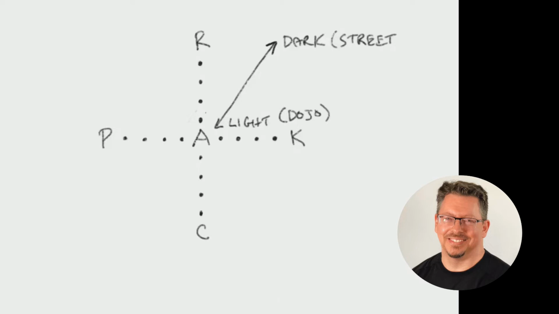This corresponds roughly to the way I sometimes talk about the difference between the dojo and the street. But both of these aspects, the light side and the dark side, are important because they're complementary. They're the yang and the yin of argumentation. So as you move outward, these learning modules shift their emphasis from the light to the dark, or from the dojo to the street.